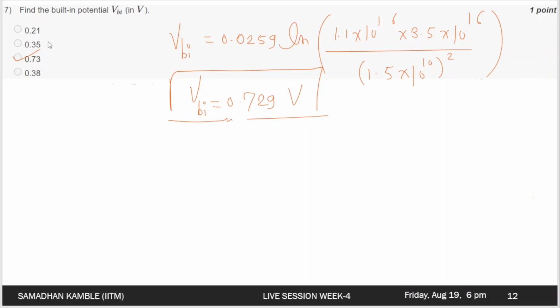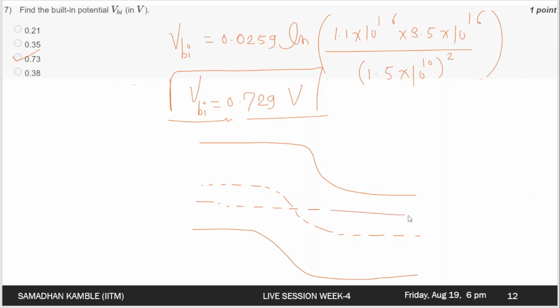Okay, we can also verify our answers. Let me first draw the diagram. This difference we have been given as 0.21, and this one is 0.18.